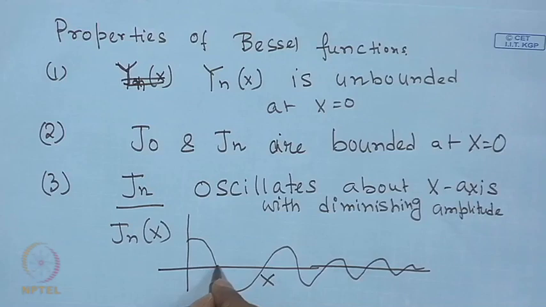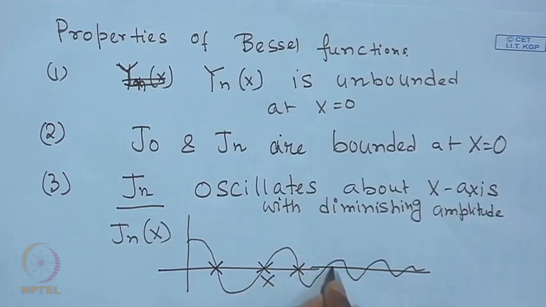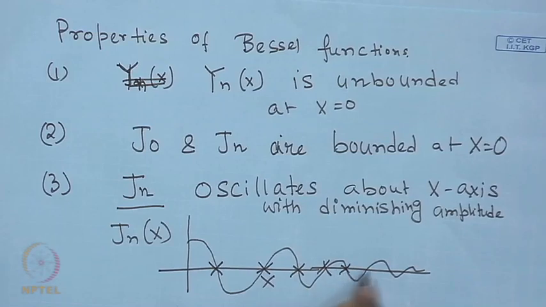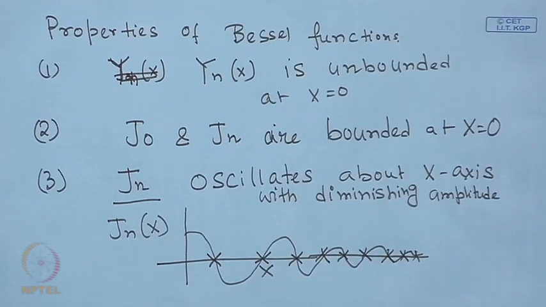So, therefore, j n x will cross the x axis at several points, and all these points are the roots of the equation or the eigenvalues of the corresponding problem.